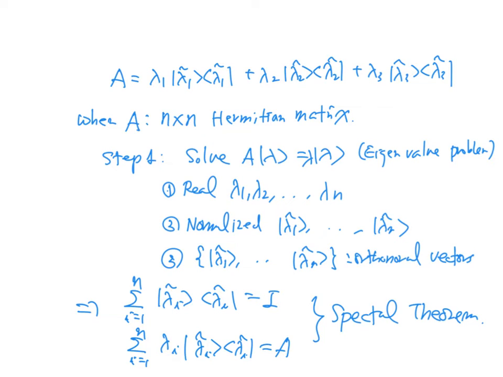The Hermitian matrix eigenvalues are all real, and the normalized eigenvectors form an orthonormal vector set. Then they satisfy the following Hermitian spectral theorem.